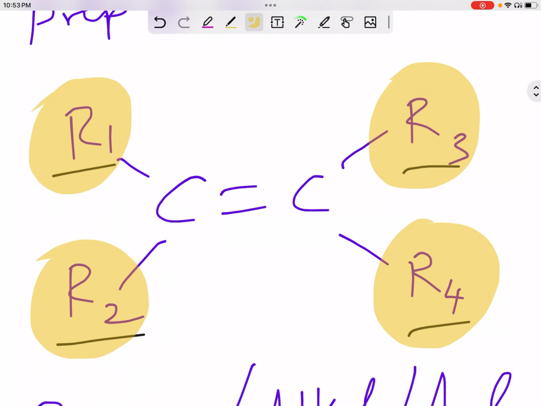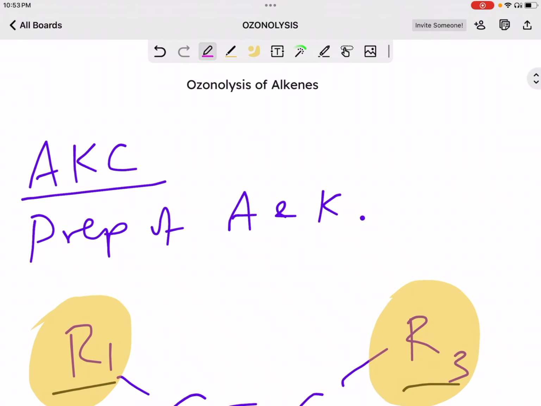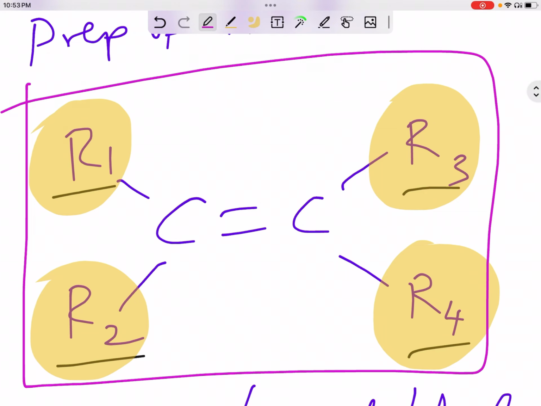Usually this topic will be asked in your competitive exams, like what is the product if a reactant is given, and likewise, if a product is given, what is the reactant? These two questions we need to work out, and to work them out, this particular format will be easy to understand this type of reactions. Thank you.